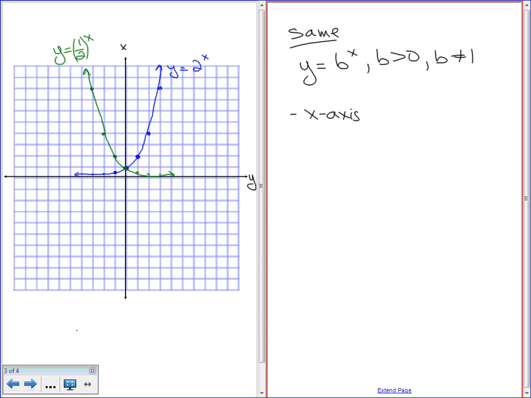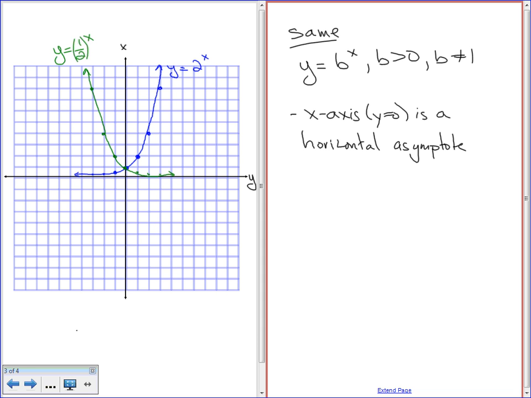Y equals 0. And we talked about what a horizontal asymptote is. Just as a reminder, remember that the horizontal asymptote isn't part of the graph. It's just a line that the graph gets closer and closer to. It's like a boundary that you use to graph.